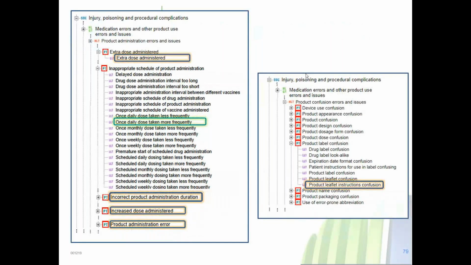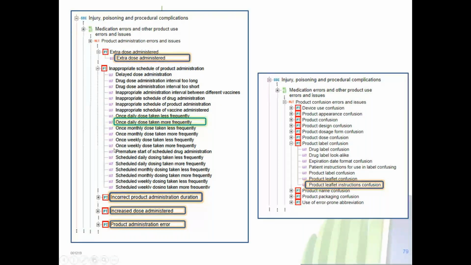Yep. So this is again the hierarchy of the terms in the quiz. So extra dose administered would be incorrect because an extra dose was taken regularly each day in our case, not just once. And that is why an appropriate term under PT, inappropriate schedule of product administration, should be selected.